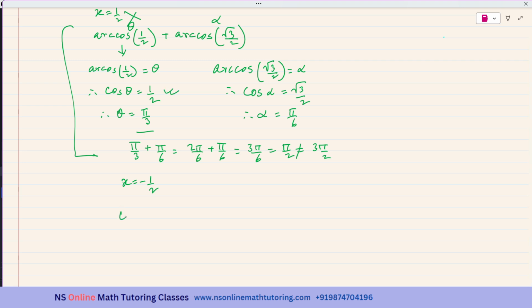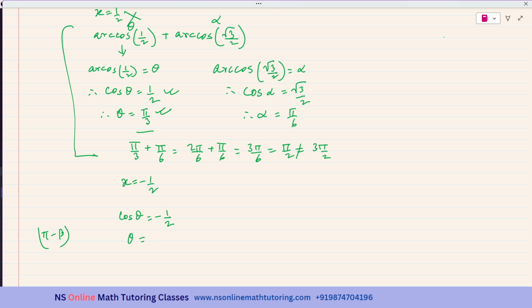Cos theta will be equal to negative half, so theta will be an angle from the second quadrant. The second quadrant expression is pi minus beta, where beta is the angle from the first quadrant.